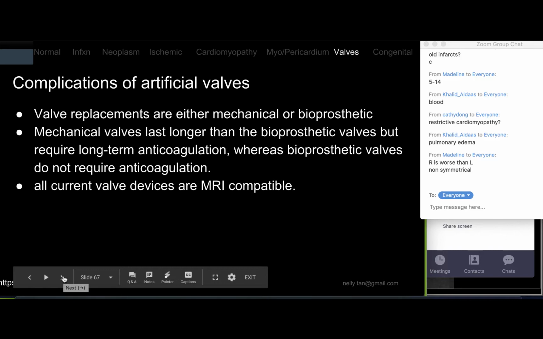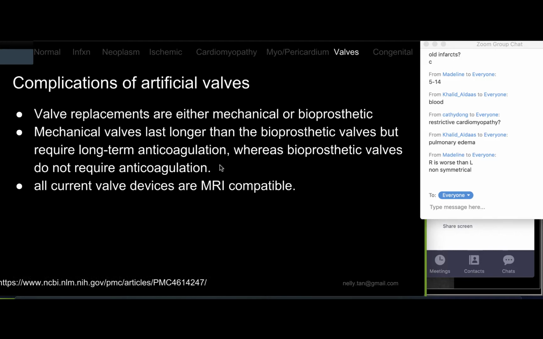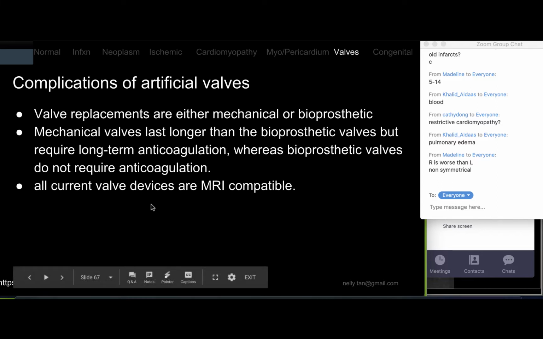Okay, let's talk about artificial valves. Once you have a TAVR, the valves can be either mechanical or bioprosthetic. Mechanical valves last longer than bioprosthetics, but they require anticoagulation. And all valves are MR compatible.